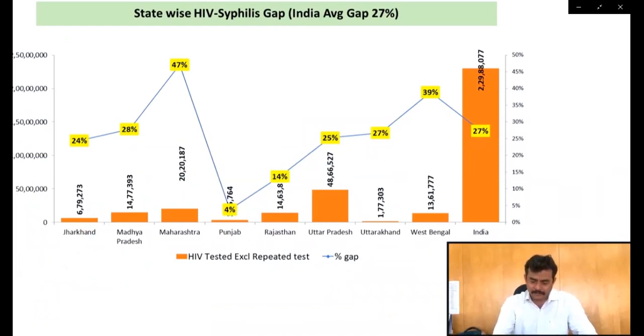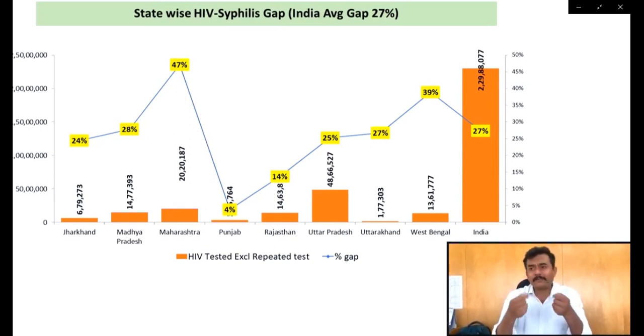At the NACO level, what we are doing is we have already revised our TRGs. Very soon we are taking the dual kit approval to the TRG, for the approval of dual kit procurement at the central level. That will help us reach more of the population and test as and when required.